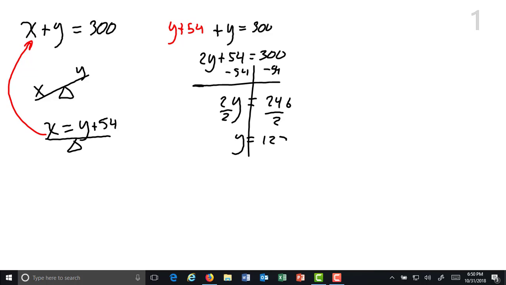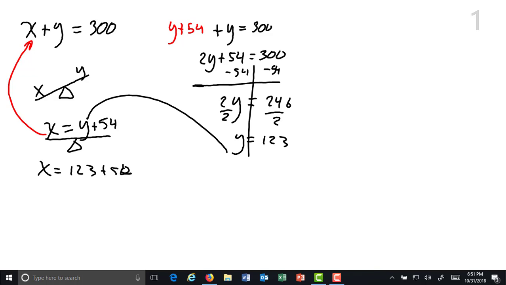Okay, now that I got y, how do I solve for x? Plug it where? Either equation, right? But let's plug it back into teeter-totter, so that we have a circle of life. So you got x equals 123 plus 54. Pretty easy, it's 77. Whoops. 177.